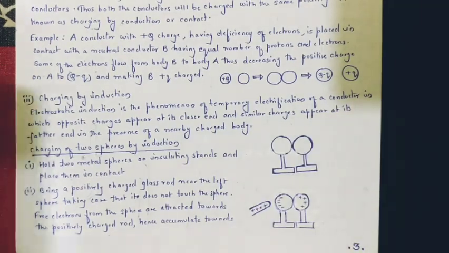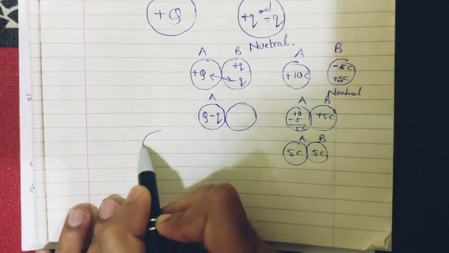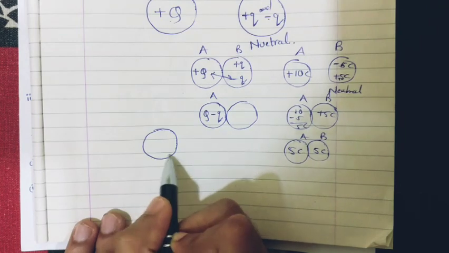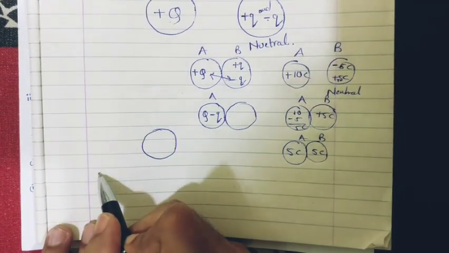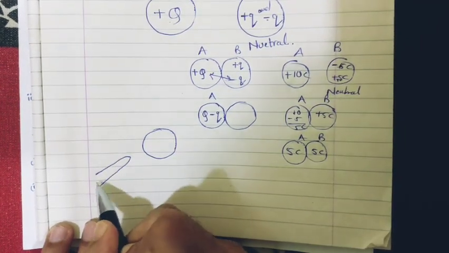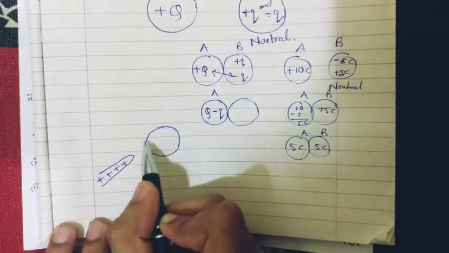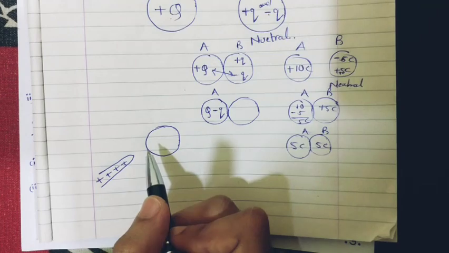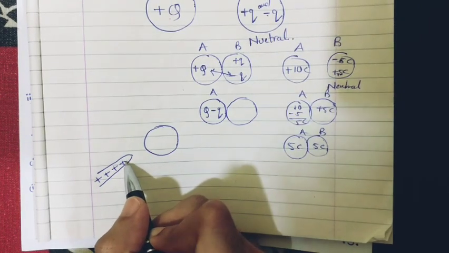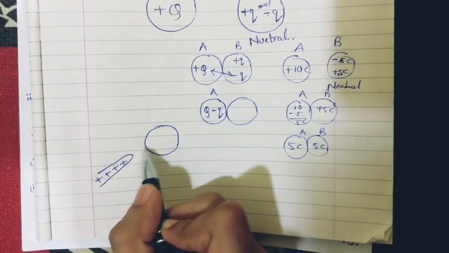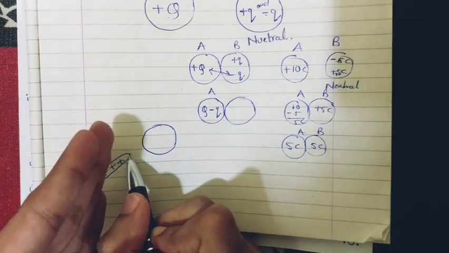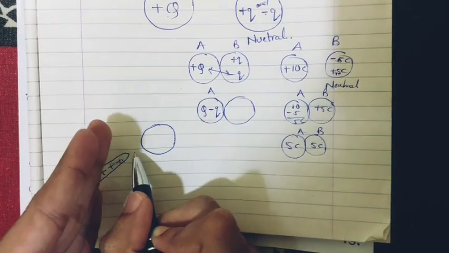For example, supposing you have a sphere and you want to charge it. I take a positively charged glass rod and get it close to this sphere, making sure that the glass rod does not touch the sphere. You just get it closer.